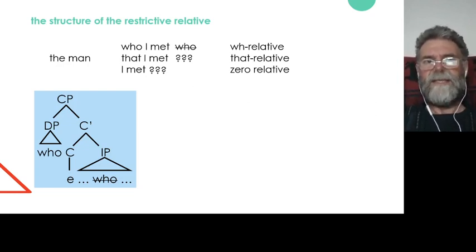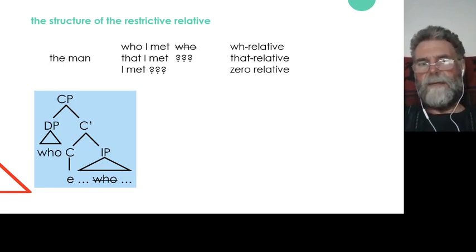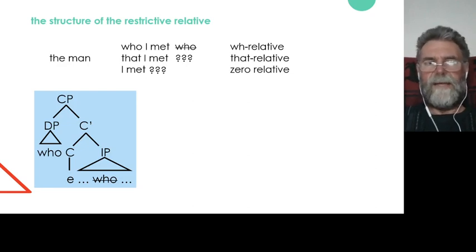In this case, it's the object. The man that I met, where is the object there? Because meet is a transitive verb that requires an object. Similarly, the man I met. So both of these phrases seem to lack some element inside the IP in exactly the same way as the WH relatives that we've looked at lack something.